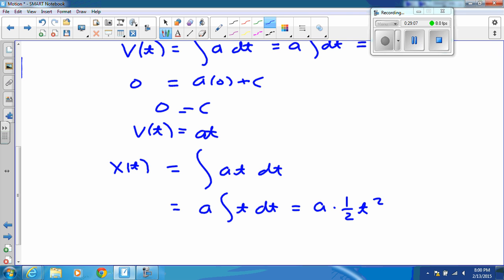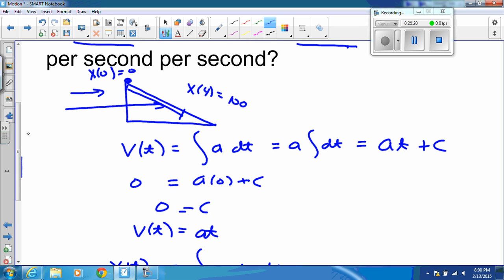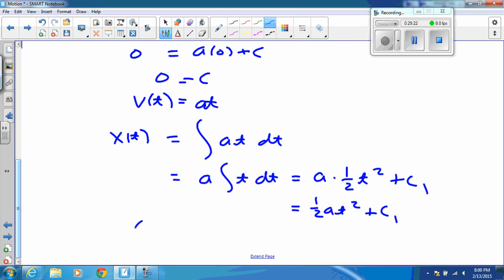So we have x of t is equal to the integral of at dt. Remembering that a is a constant, we pull a to the outside using the constant multiple rule, and appeal now to the power rule, giving us a times 1/2 t squared, again, plus a constant c1.